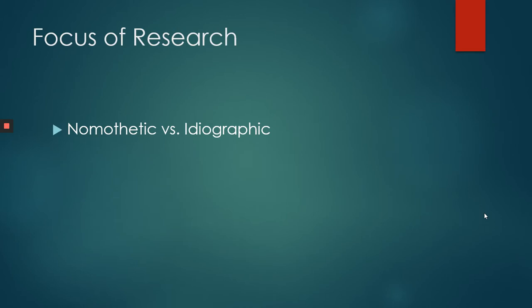And basically, the big issue here is what's your focus of research? Is it nomothetic or is it idiographic? Nomothetic research is what we typically talk about in psychology classes. Nomothetic just means that you're doing group level analyses. So you're looking at a sample, you're looking at groups, and you're making interpretations about groups.